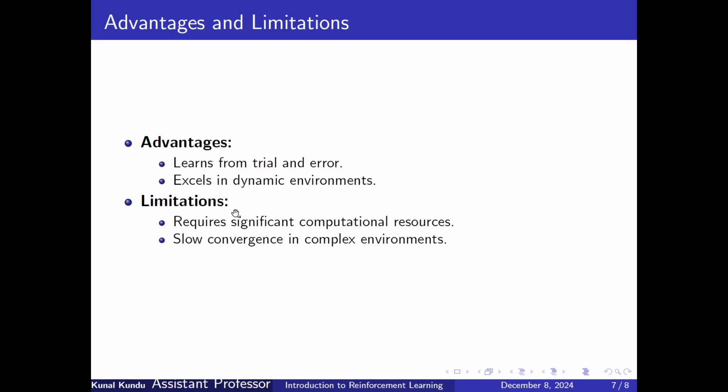Limitations. It can require significant time and computational resources to train. Sometimes the learning process can be unstable, especially in complex environments. Despite these challenges, its benefits make it a crucial area of machine learning research.